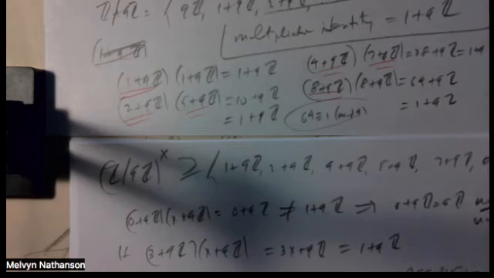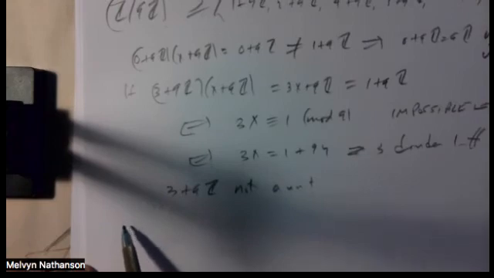There's no solution to this congruence. Because this would say 3x is equal to 1 plus 9y for some x and y, and that would mean 3 divides 1, which is false. So 3 plus 9Z is not a unit.